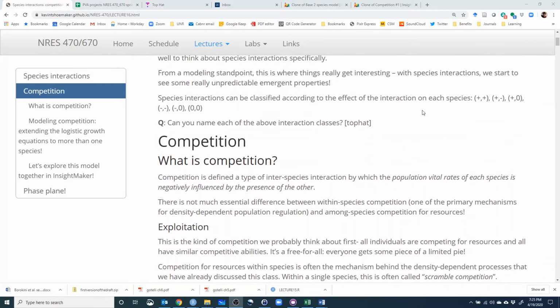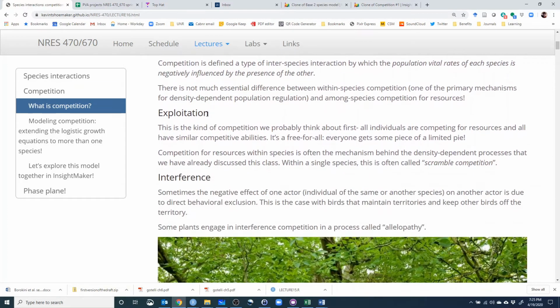So hopefully in your Top Hat question, you correctly answered that this interaction where both species are negatively impacted is competition. One really important point is that there's not much difference from within species competition, which is one of the primary mechanisms that we've talked about for density-dependent population regulation, where there are so many individuals of your own species that you're competing with them for resources.